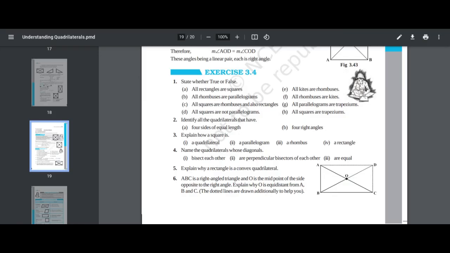In F part, they ask all rhombuses are kites. All kites are not rhombuses, but a rhombus can look like a kite. So this statement is true. A rhombus also has two distinct consecutive pairs of sides of equal length. So F part is true.